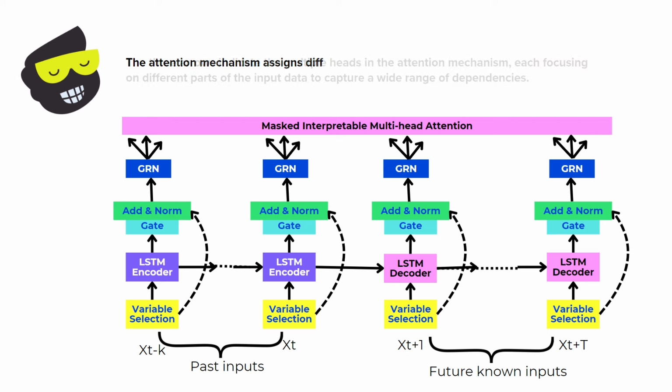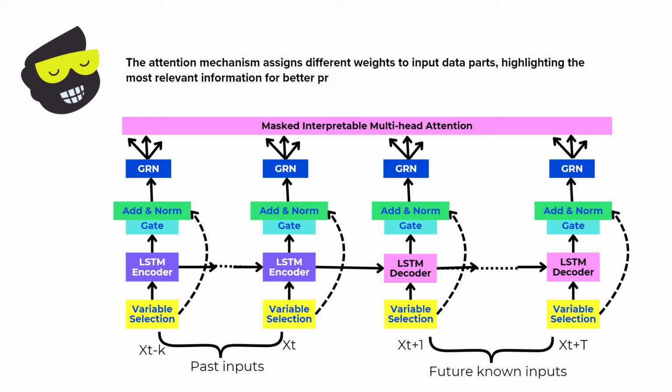But how does it work really, right? So the attention mechanism assigns different weights to different parts of the input data, highlighting the most relevant information while downplaying the less important parts. And it's this selective focus that helps the model make better predictions by concentrating on the most critical pieces of information.